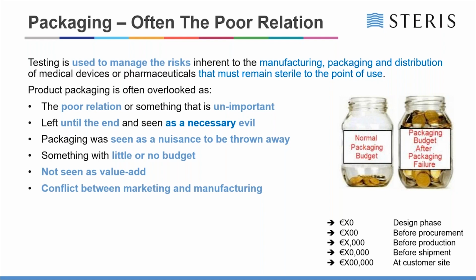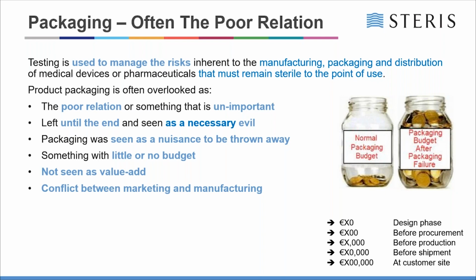Testing is used to manage the risks inherent in the manufacturing process to the point of use, and the distribution process, of course. As I said, it's often seen as a necessary evil until something happens and there's a recall on the packaging, or you get complaints from your customers, and all of a sudden a very large budget appears for the packaging to be redesigned and start the whole process again of revalidating, which is quite common.